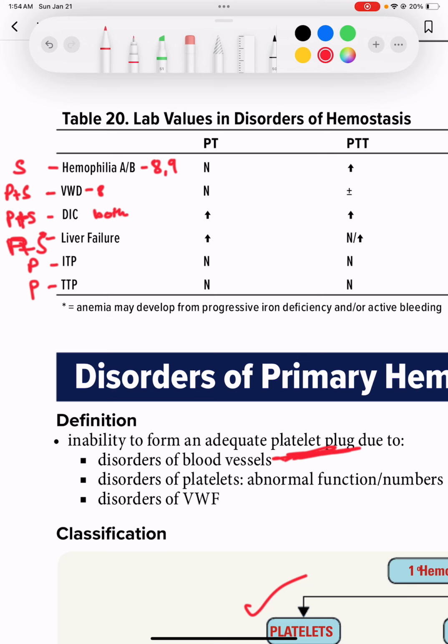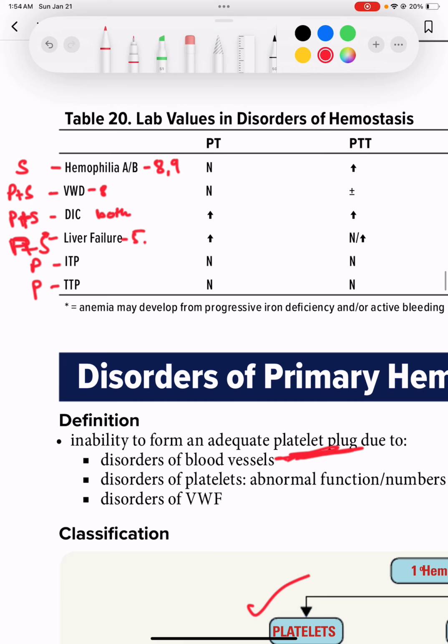And liver failure, we have primary as well as secondary hemostasis, and almost all of the clotting factor problems. But we just read that 5, 7 and 8, right? So 5 is common and 8 is from endothelium. Yeah, right here, 5, 7 and 8. So 8 is from endothelium, 5 is common, and 7 is left, which is extrinsic.